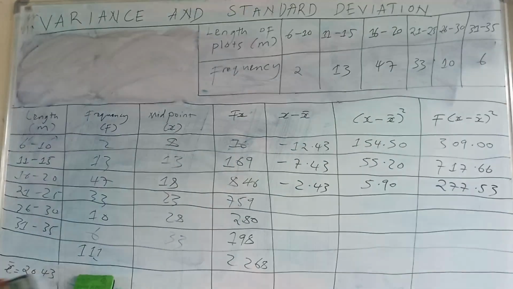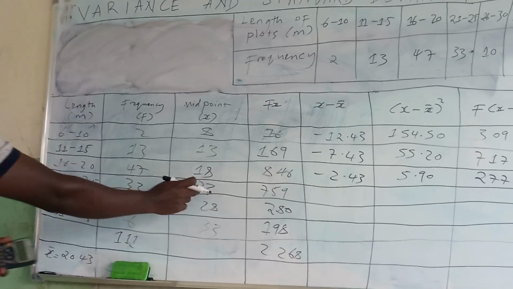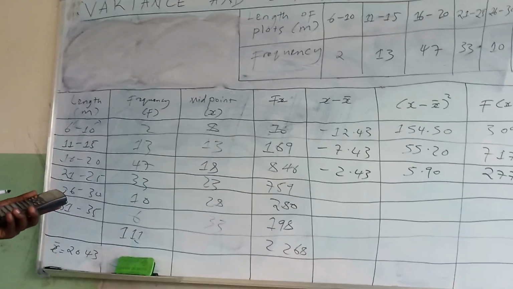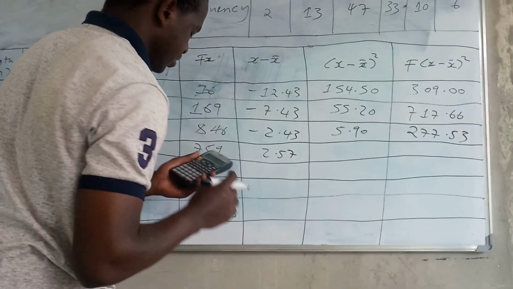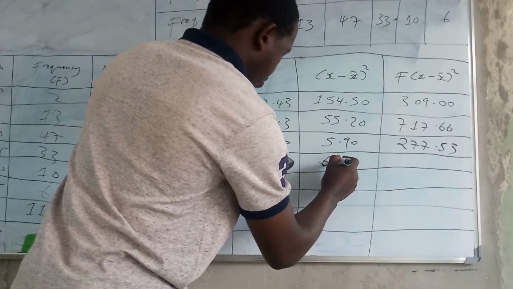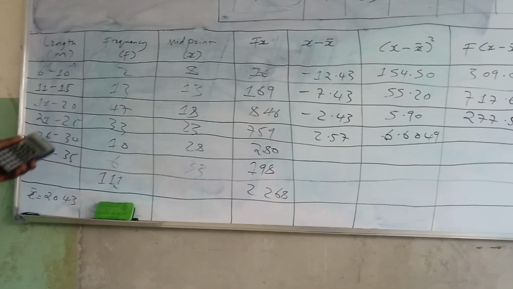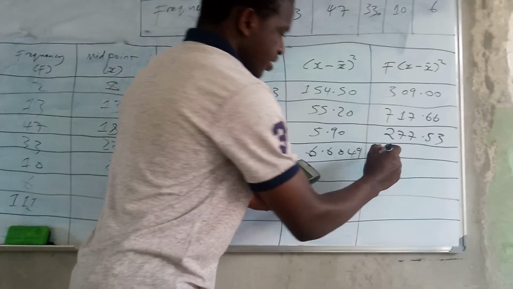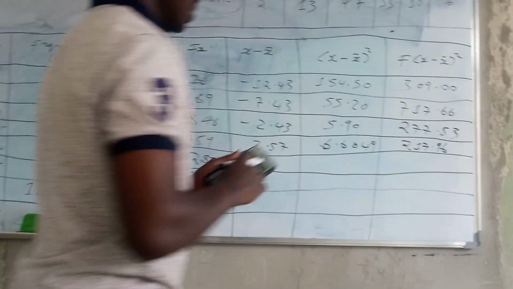I'm having 277.53. Coming to the next class interval, my x is 23. 23 minus 20.43 gives 2.57. Squared, I'm having 6.6049, multiplied by the frequency, which is 3. I'm having 217.96.